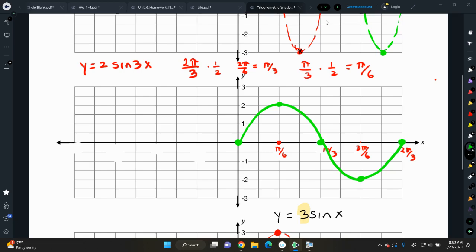Questions for me, anyone? This is not too bad, right? Because we are just starting. Yes, question. Are you in degrees or radians?